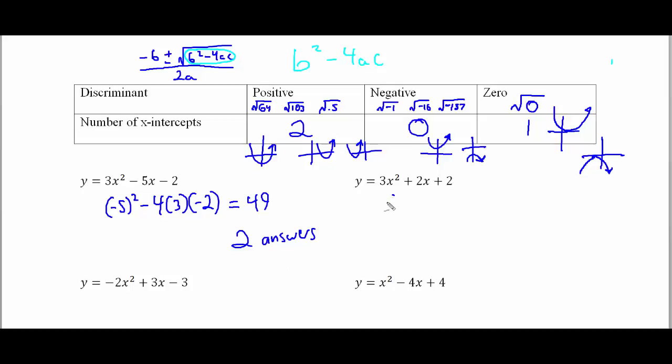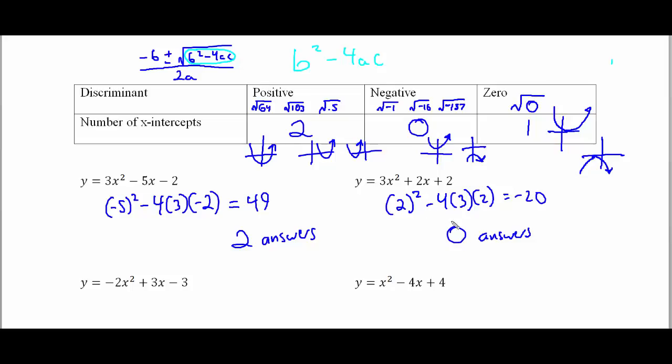Now if we plug this into the discriminant of the quadratic formula, b squared minus 4 times a times c, it gives me an answer of negative 20. This means there will be 0 real answers for this problem because there will be imaginary answers.